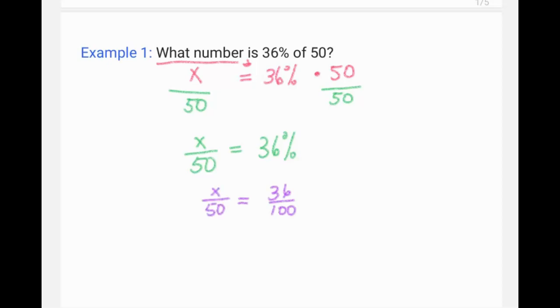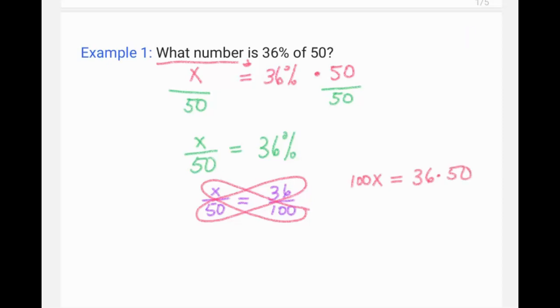This is a proportion problem now, so we can multiply across and get 100x is equal to 36 times 50.